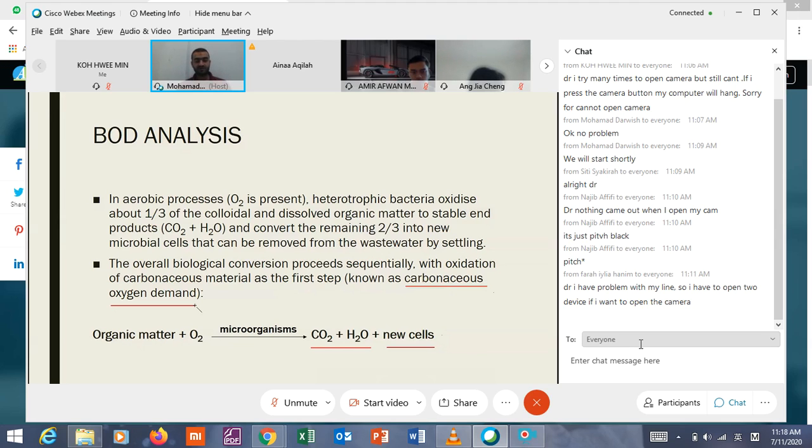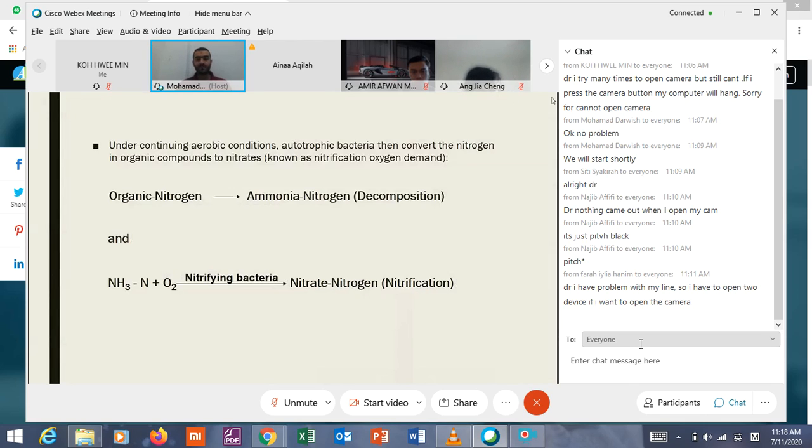So we have carbonaceous oxygen demand, and in the second stage we will have nitrogenous oxygen demand. So in the first 5 days, for BOD, only carbonaceous oxygen demand is conducted and measured.